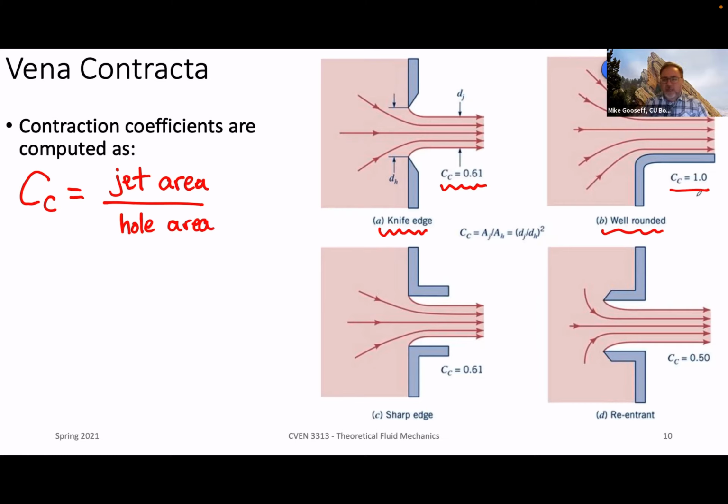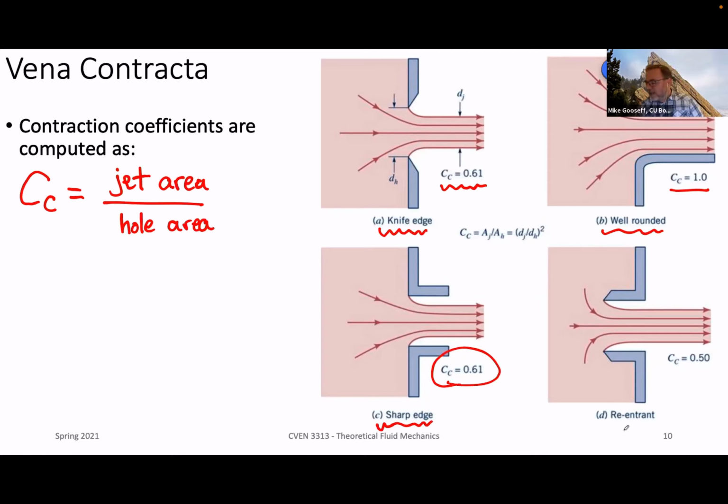So we've tried to get more of a smooth transition such that the streamlines can follow this change from the reservoir flow condition on the left to the pipe condition on the right. This sharp edge transition here is the same as the knife edge, C sub C of 0.61.